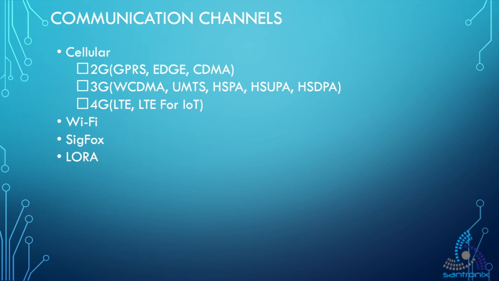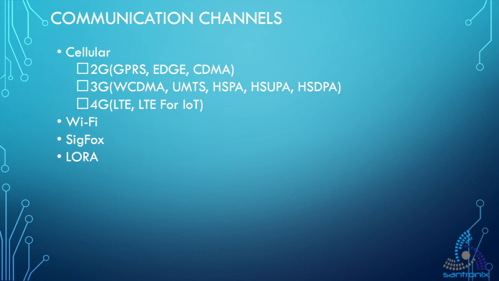We had 2G, the second generation, which includes General Packet Radio Service (GPRS), Edge, and Code Division Multiple Access, which is CDMA. With the introduction of 3G, we have WCDMA, wideband CDMA, UMTS, HSPA, HSUPA, HSDPA. And in 4G, we have Long-Term Evolution, LTE, and LTE for IoT.